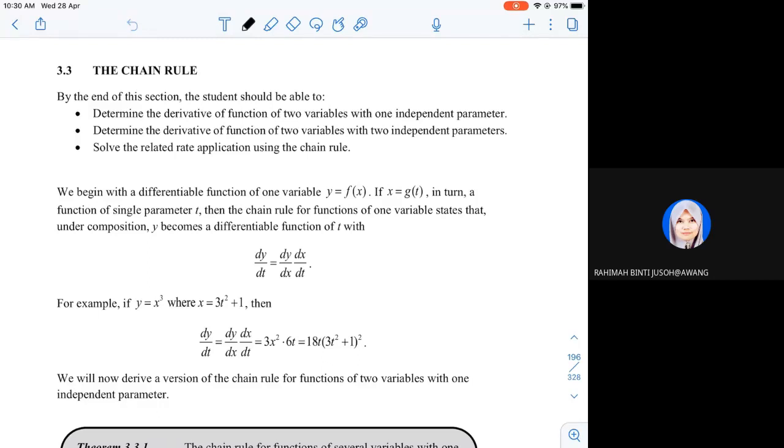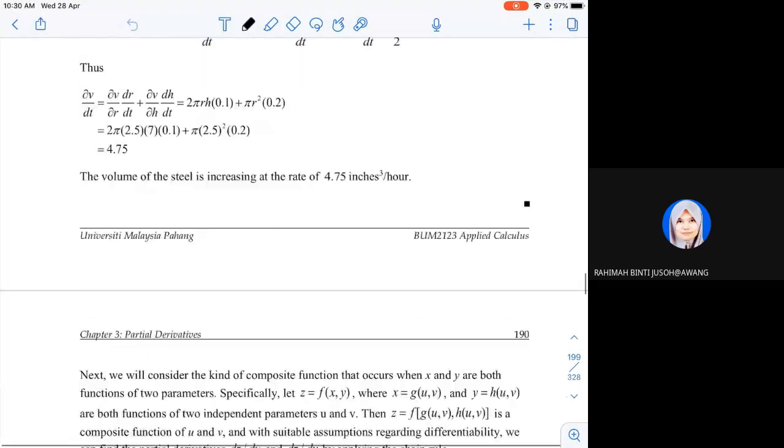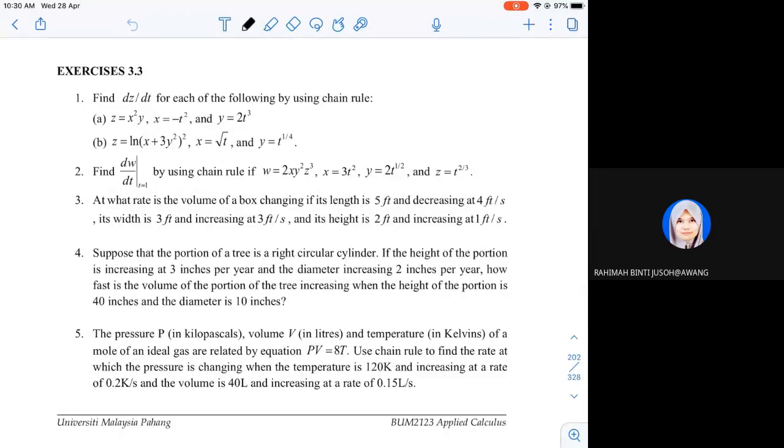Alright, so now let me explain through example. Okay, let's take a look at exercise 3.3, question number 1.